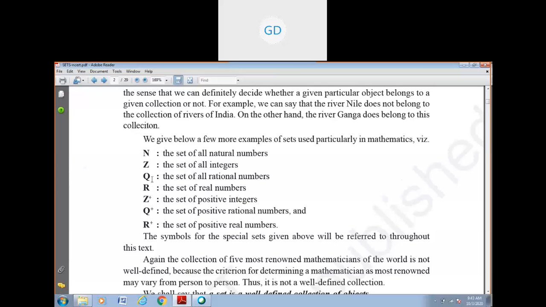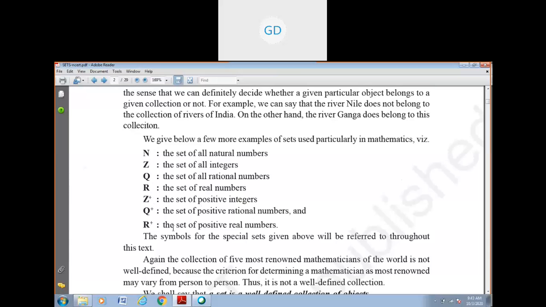Capital Q, set of rational numbers. Capital R is always the set of real numbers. Z plus, all positive integers. Q plus, the set of positive rational numbers. R plus, the set of all positive real numbers. These are standardized in mathematics.